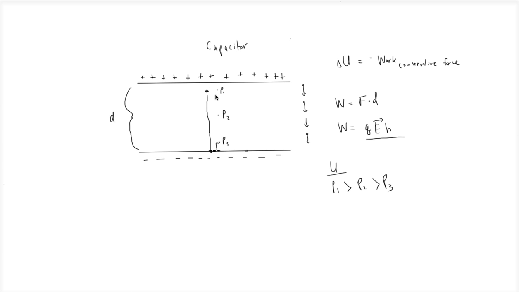The electric force is like, hey, go back down, and you're like, no. So you're taking it and you have to put it in your pocket, and you might have to walk all the way up here. You have to do a lot of work to do that, which means you're doing a lot of work against the conservative force, which means that it would gain a lot of potential energy by the time you got to P1. Likewise, if you only had to walk to P3, you wouldn't have to put as much work in, which means it wouldn't gain as much potential energy. And P2 would be in the middle.